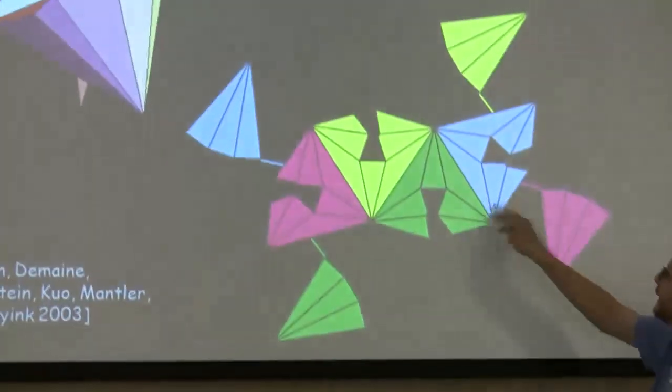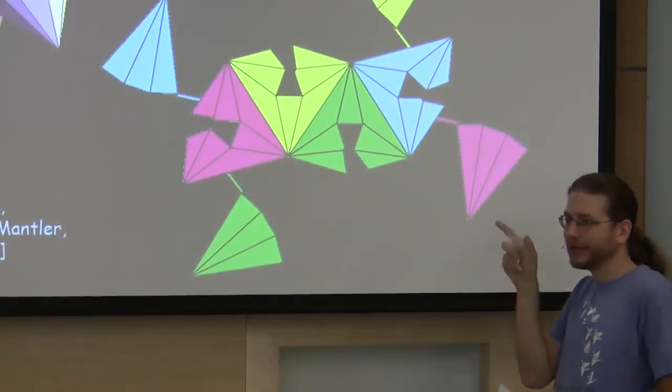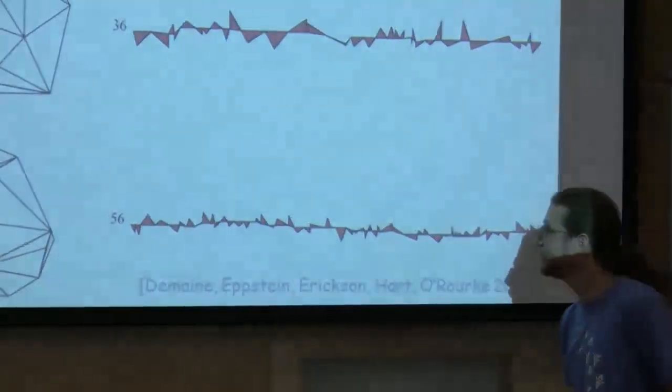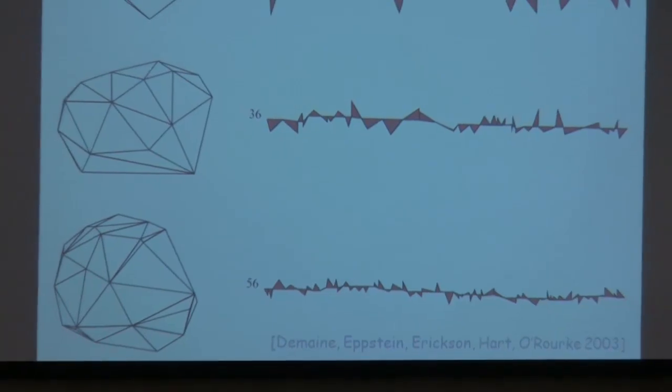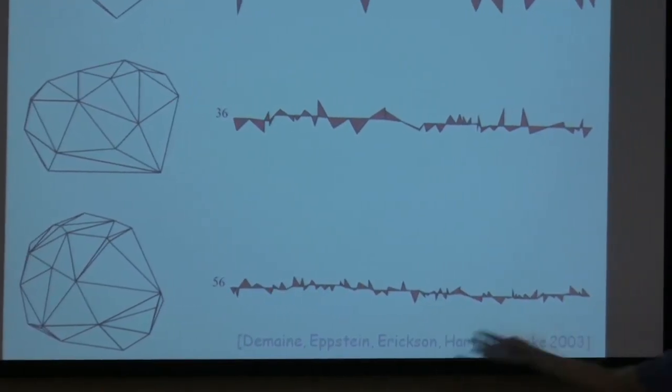One more picture I wanted to show you is so here we really want to keep the shape connected. You have to have a positive area connection between everything. If you let that connection go down to a single point, sort of cheating, this is called vertex unfolding, and then it's possible for any surface made out of triangles. So it could be non-convex, anything. These happen to be convex polyhedra.